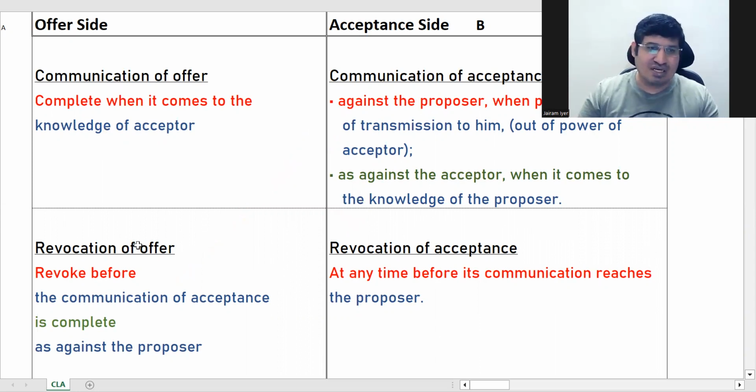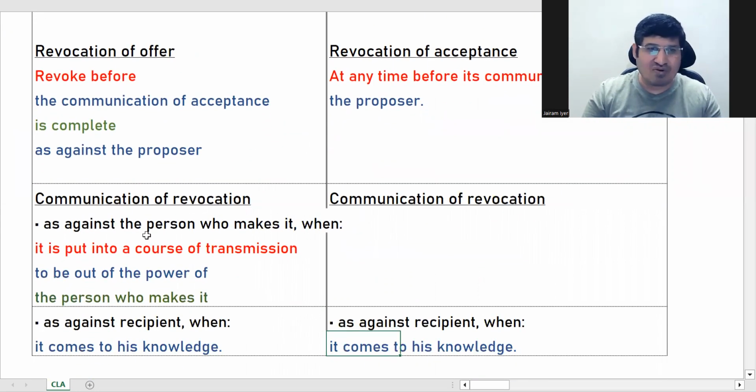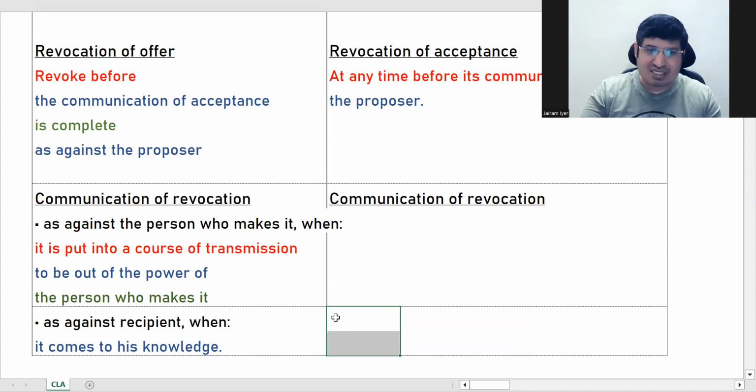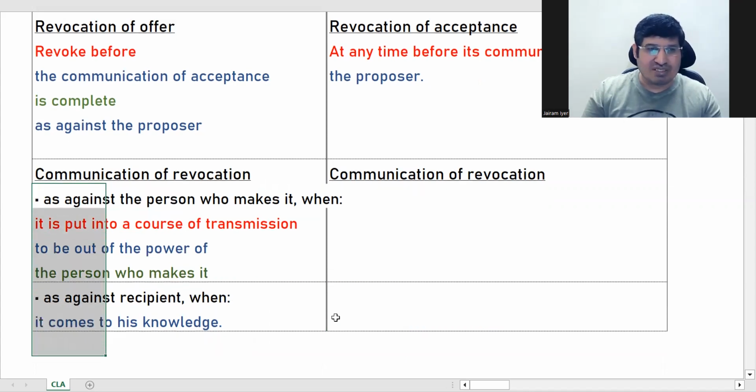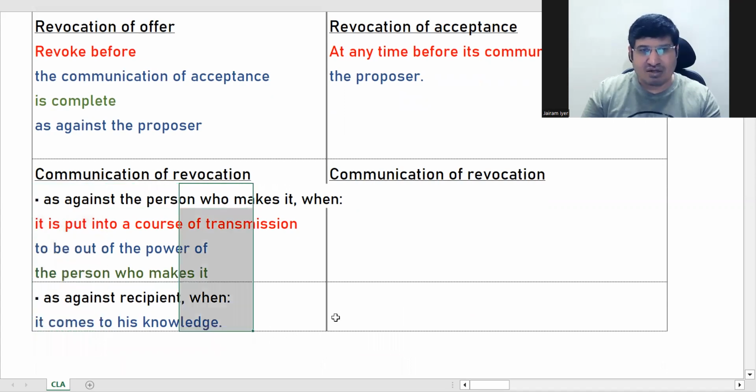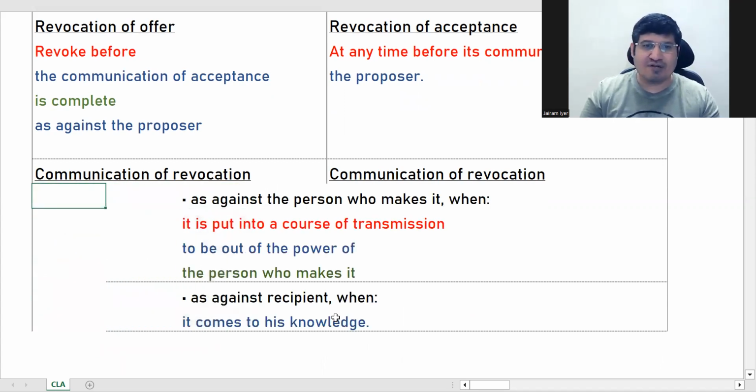And then lastly, communication of revocation, again from two parties. For both the parties, this point is the same. Points are exactly the same for both of these. So this is a common point for offer side as well as acceptor side.